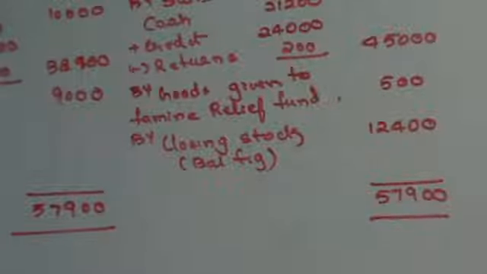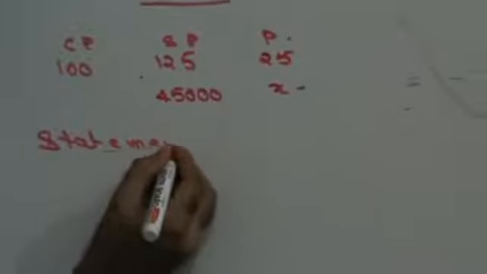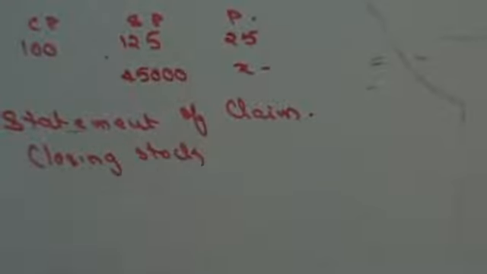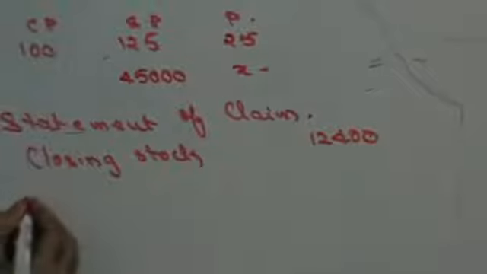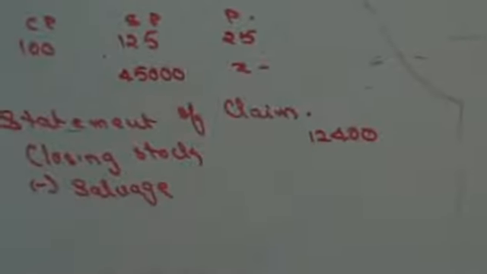Right? Now once I have this, then I can make my statement of claim. Closing stock is given to you as 12,400 less salvage.